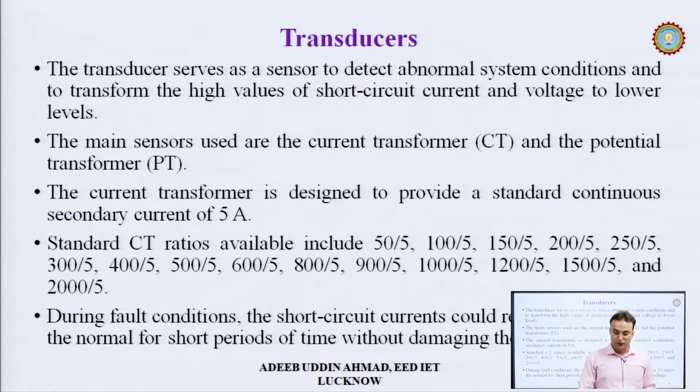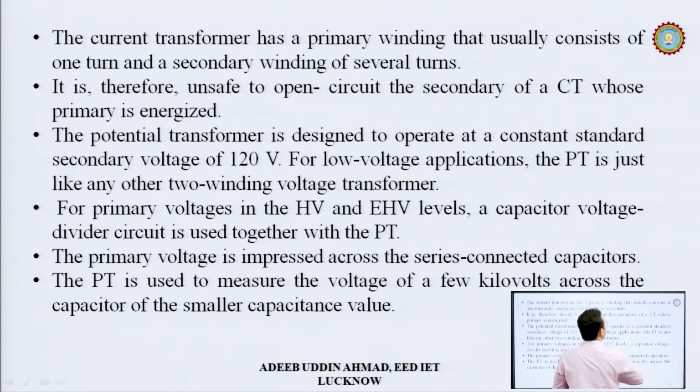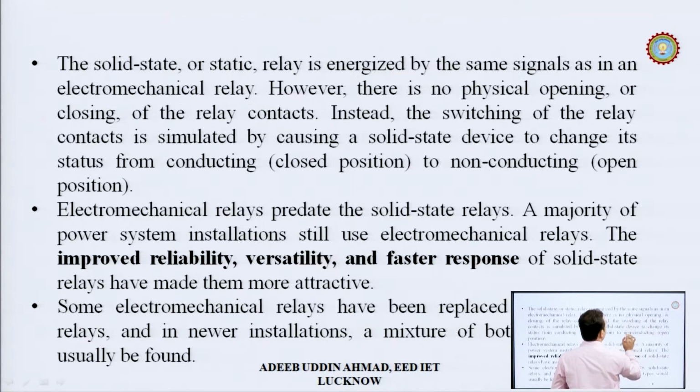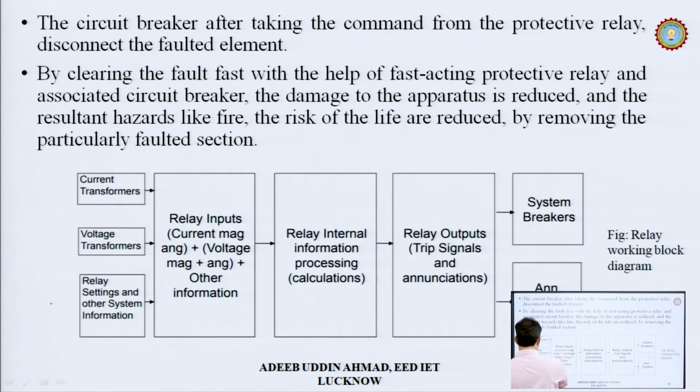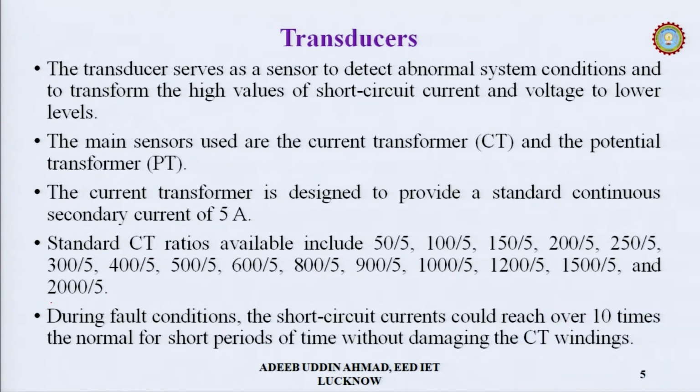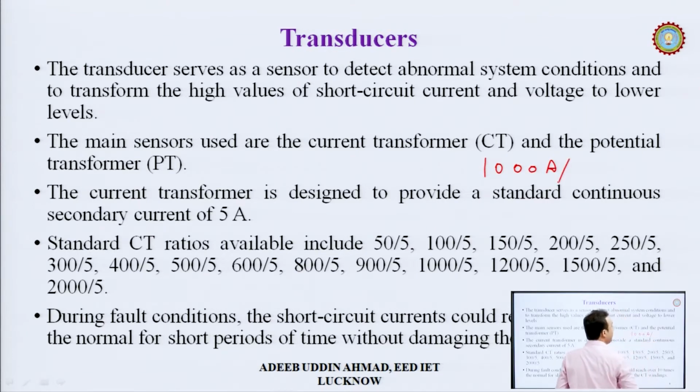For example, if there is a fault, the primary current may be 1000 ampere, but the secondary current is fixed at 5 ampere. This is the work of the CT, that is, the current transformer.